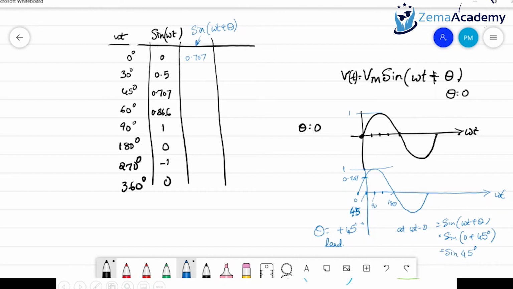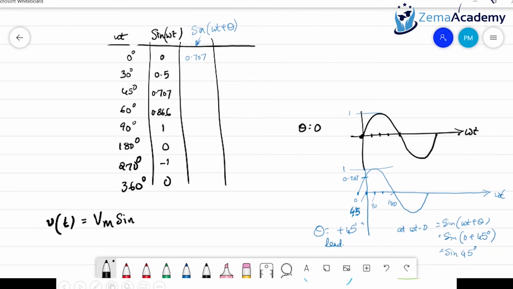And we'll do a similar calculation with moving to the other side. So V of t equals Vm sine omega t plus or minus theta.